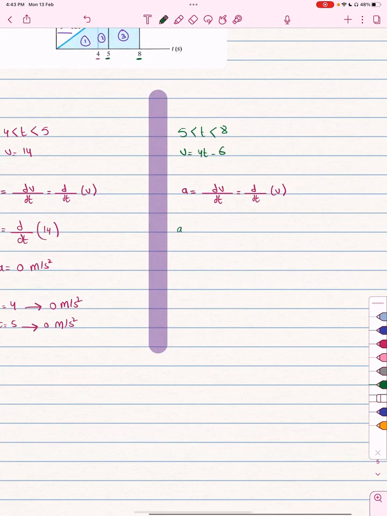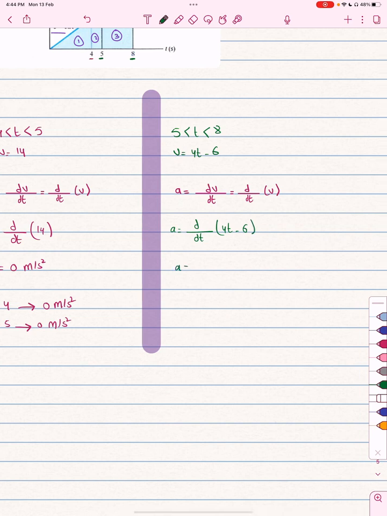A equals d over dt multiplied by 4t minus 6, and the derivative of 4t minus 6 equals 4 meter per second square. At time equals 5, acceleration will be 4 meter per second square, and at time equals 8, acceleration will still also be 4 meter per second square.